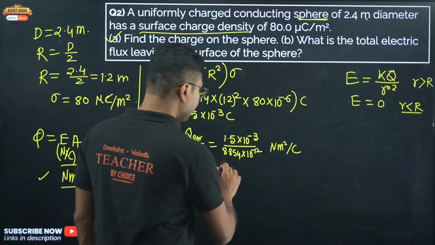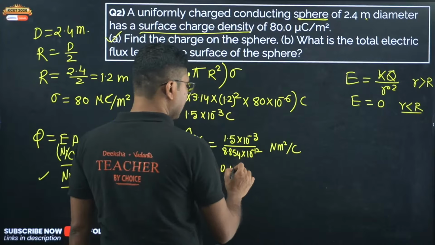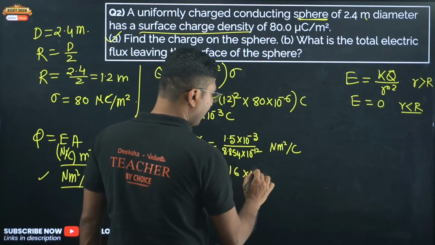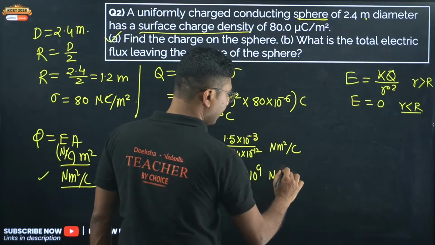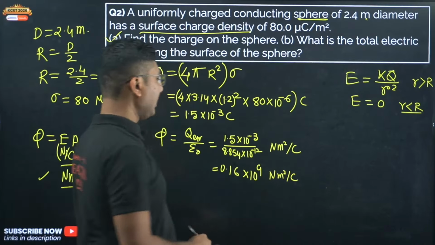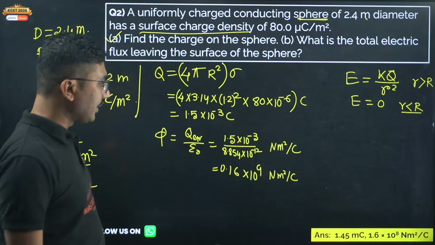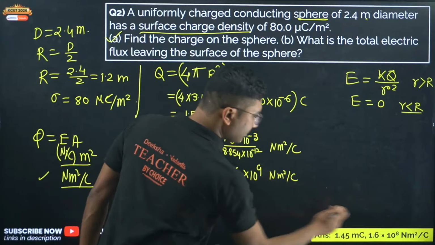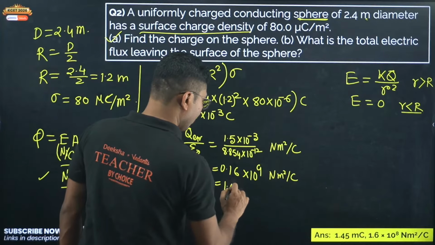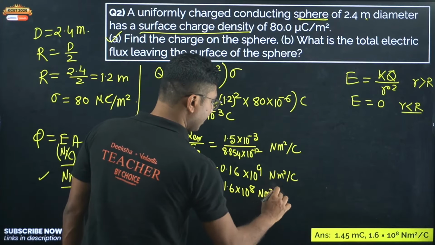So if you are writing 0.16, it will be 10 to the power of plus 9. Okay, Newton meter square per coulomb. Okay, 0.16 into 10 to the power of 9 Newton meter square per coulomb. Okay, so the answer is 1.6 into 10 to the power 8 Newton meter square per coulomb.